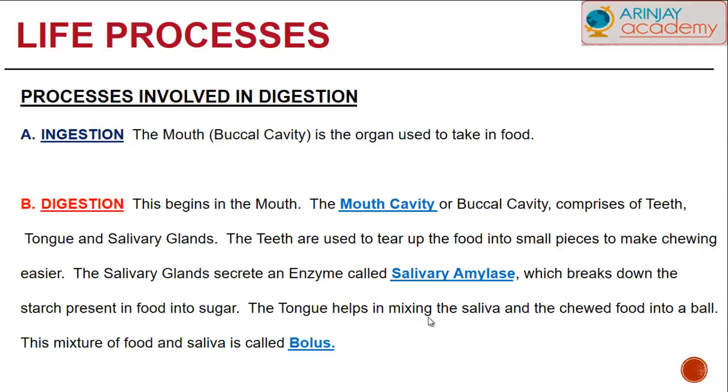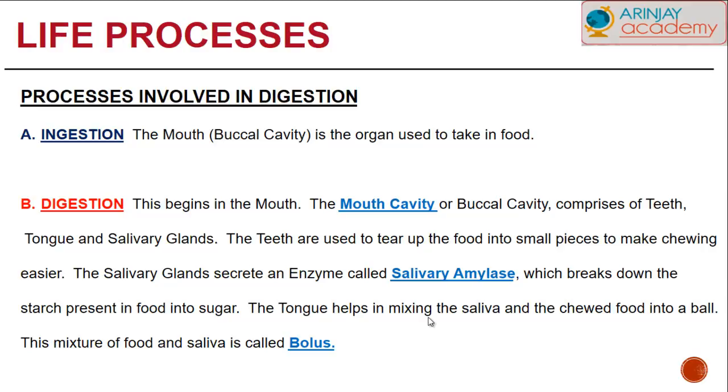Salivary glands secrete an enzyme called salivary amylase. An enzyme is nothing but a catalyst that helps to speed up the reaction for a process to take place. The salivary amylase breaks down the starch that is present in the food into sugar.